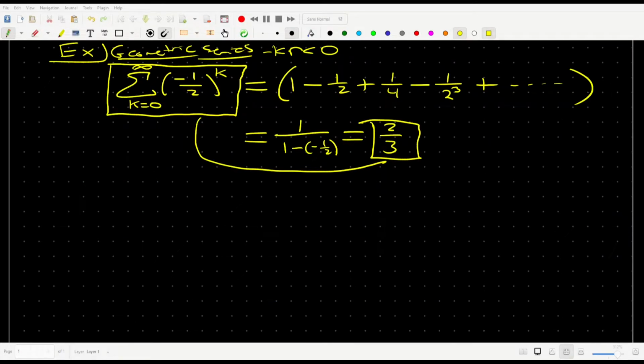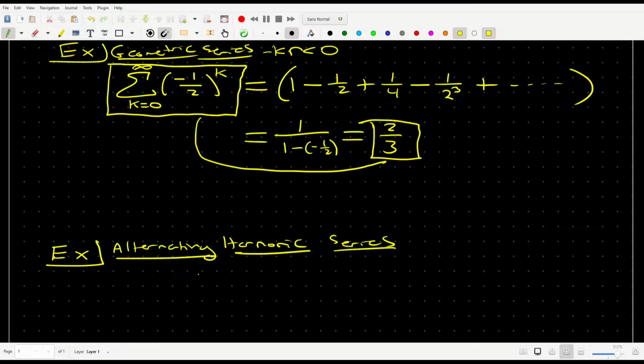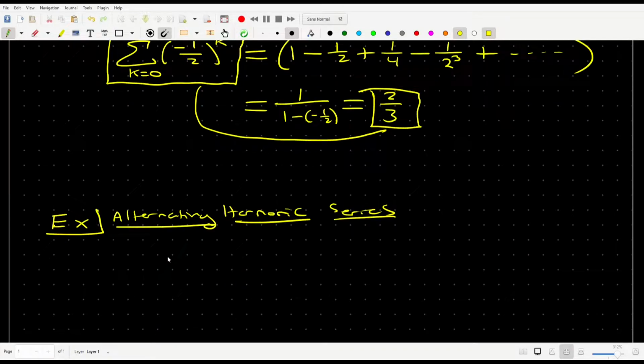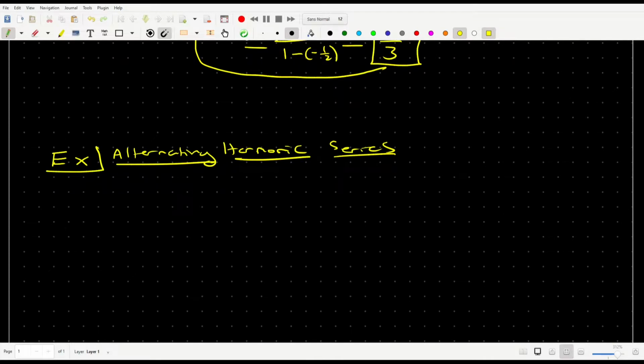For another example of a series with negative terms that is convergent, we can look at what's called the alternating harmonic series. This is, as you might expect, related to the classical harmonic series.